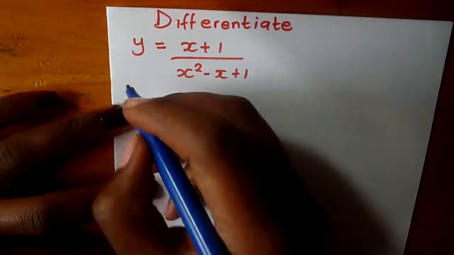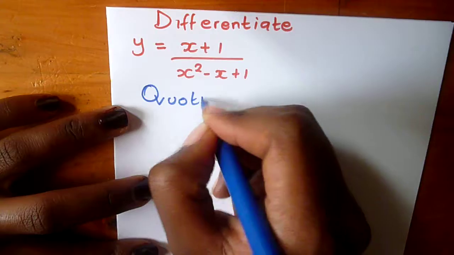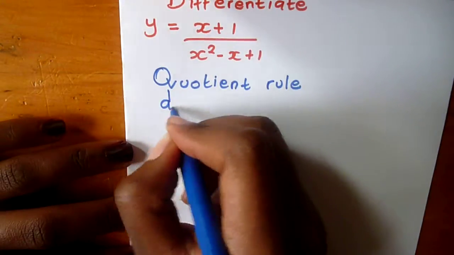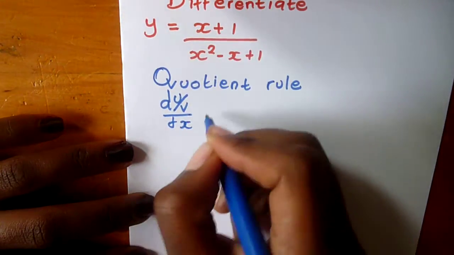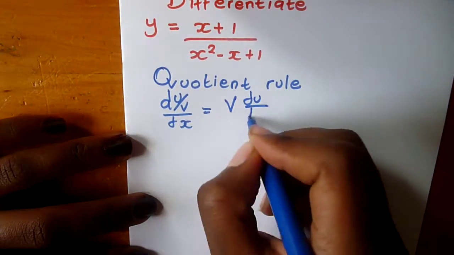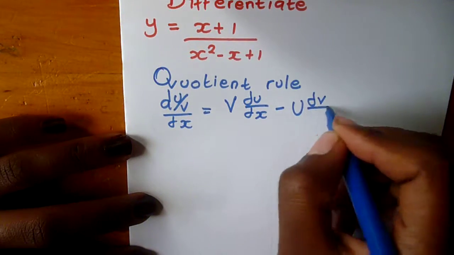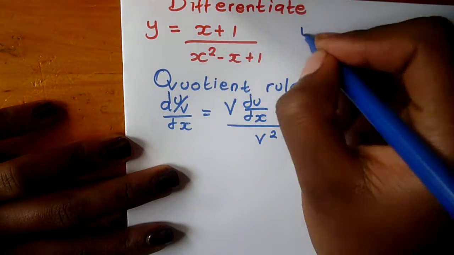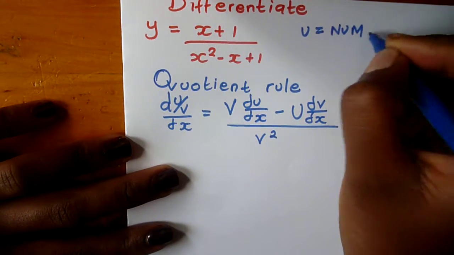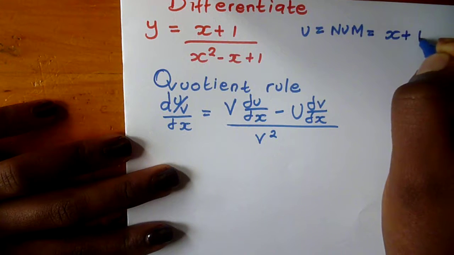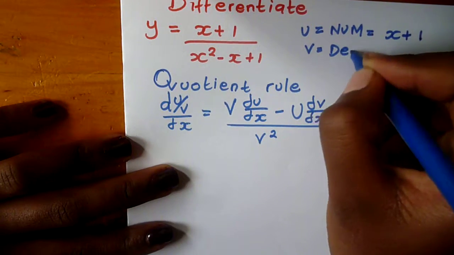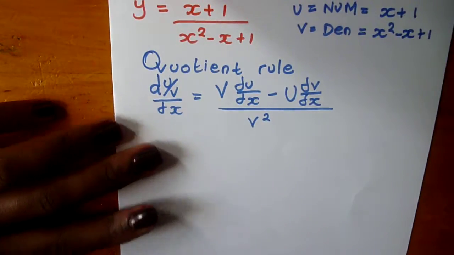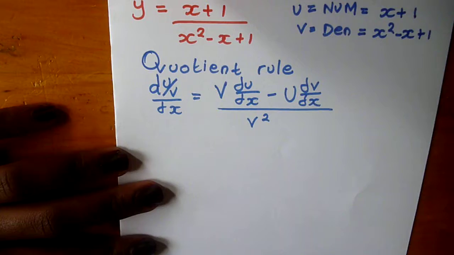What you're going to apply is known as the quotient rule, which states that the derivative of u over v with respect to dx is the same as v du over dx minus u dv over dx all over v squared, whereby your u is actually your numerator, and in this case will be x plus 1, and your v is the denominator, which is x squared minus x plus 1 in this case.